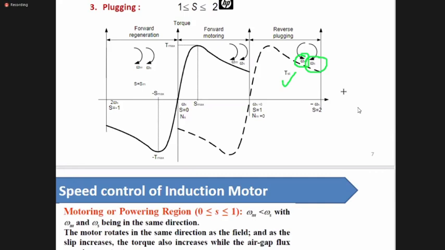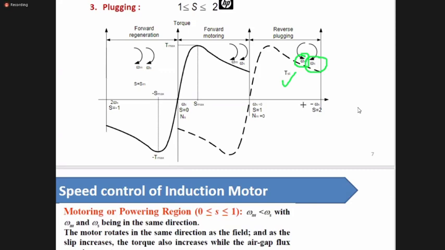So when your omega s is in the opposite direction to omega m, what will happen? In this case, you will find that your slip is greater than 1. The motor senses an opposite field, so it tries to go through plugging.